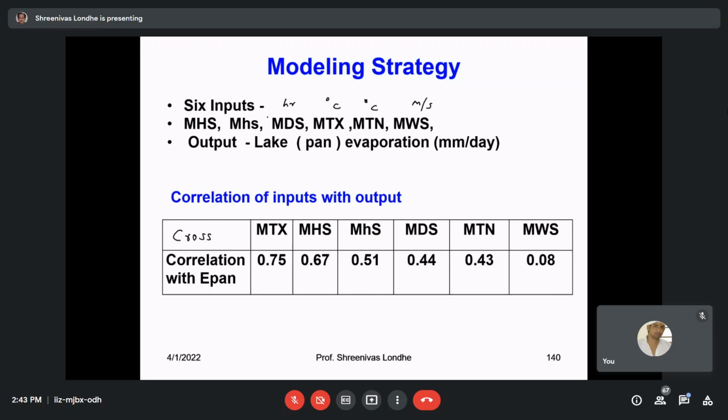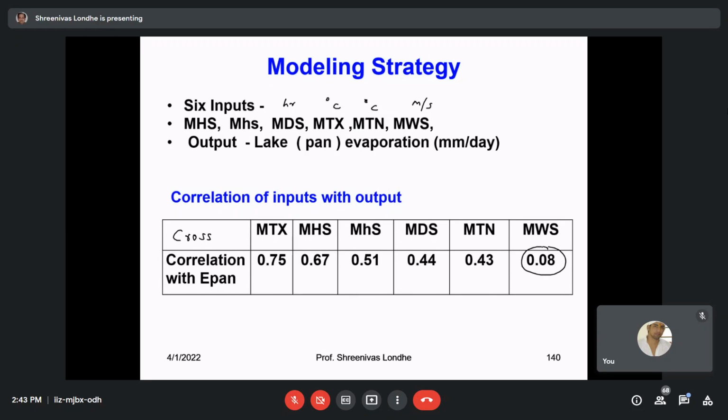So when I did the cross-correlation analysis, I found that the maximum correlation with pan evaporation is of the highest temperature. Common sense, it is like that. Second one is highest humidity. Third one is the second humidity, that is the lowest. Fourth one is sunshine duration, and see the wind speed, 0.08.